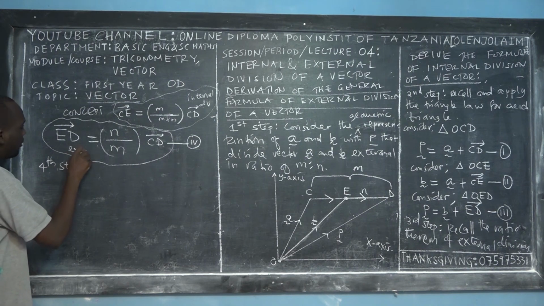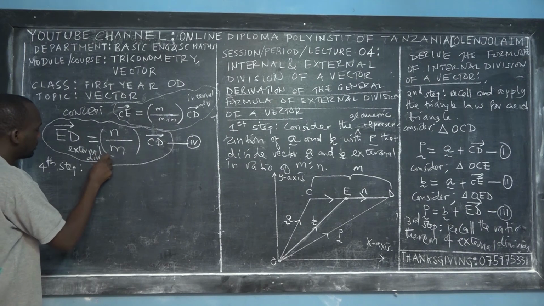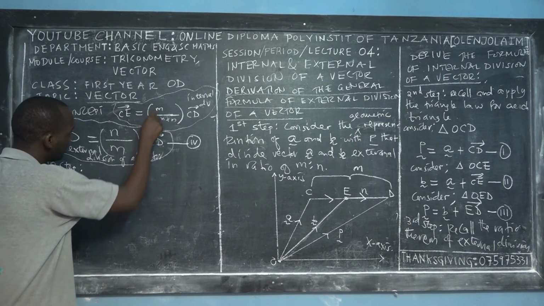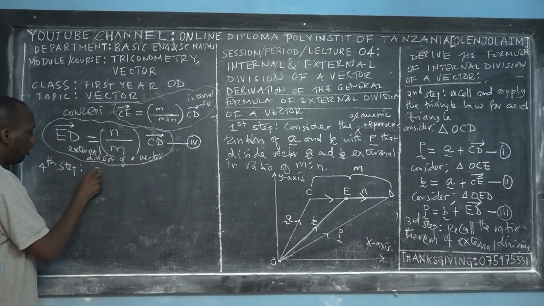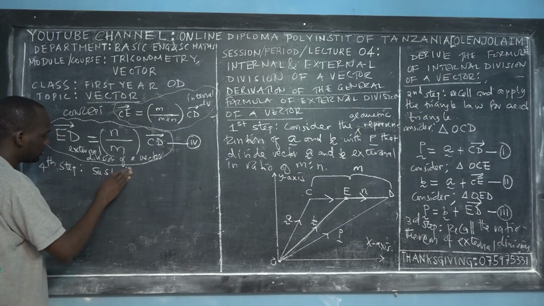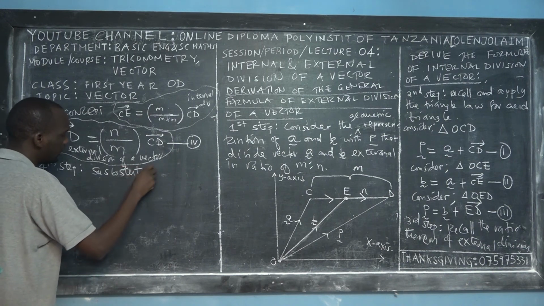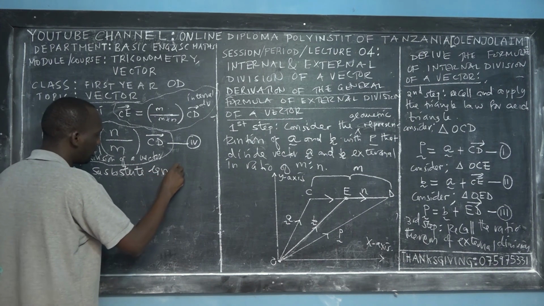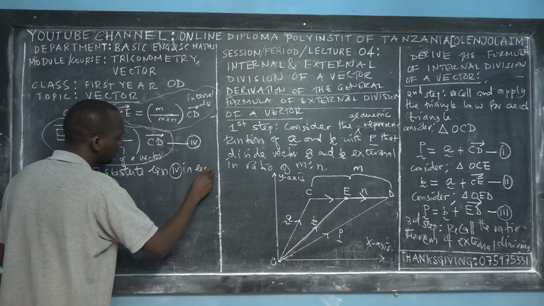Remember, this is only for external division of a vector. For internal, consider the other one. The first step, let us substitute equation 4 in equation 3.